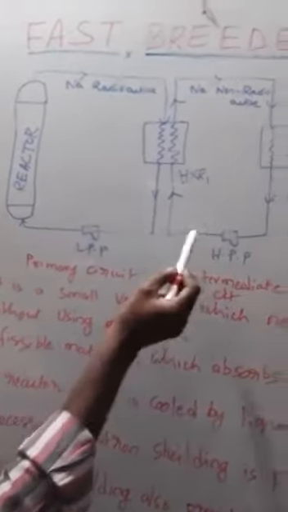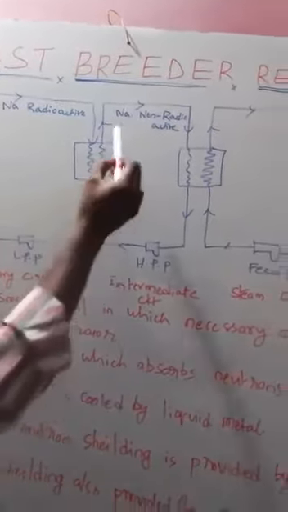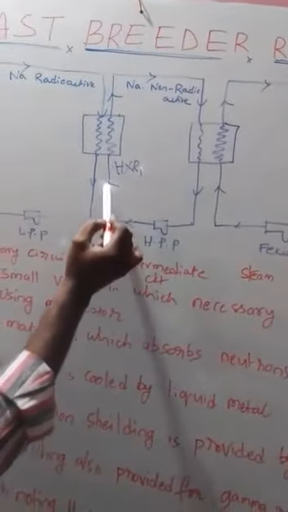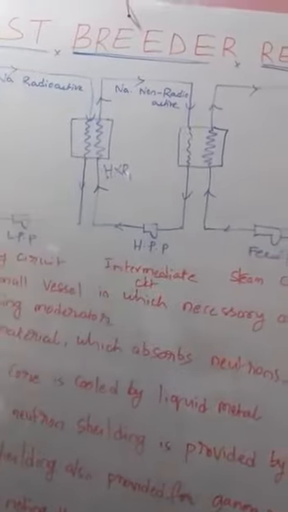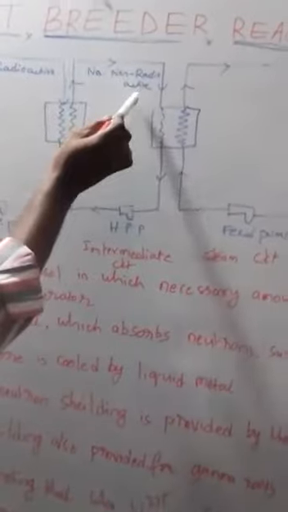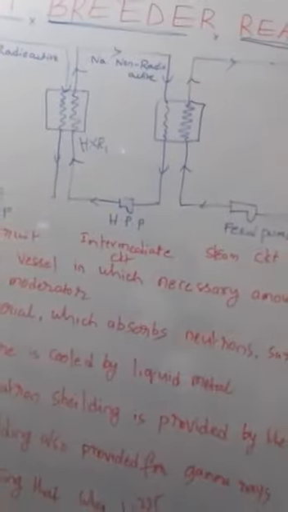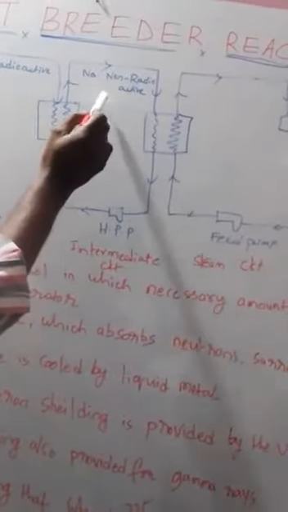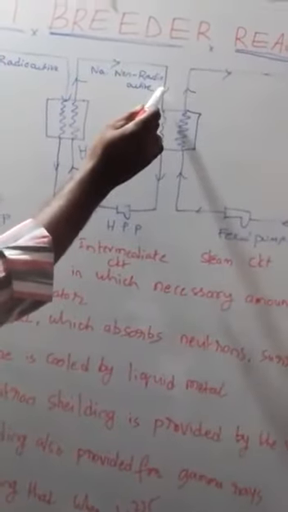In the secondary or intermediate circuit, sodium will act as a coolant. Here this liquid sodium does not have direct contact with the radioactive coolant. So we will call it a non-radioactive coolant. After absorbing the heat, this non-radioactive liquid sodium will become hot and enters heat exchanger 2.